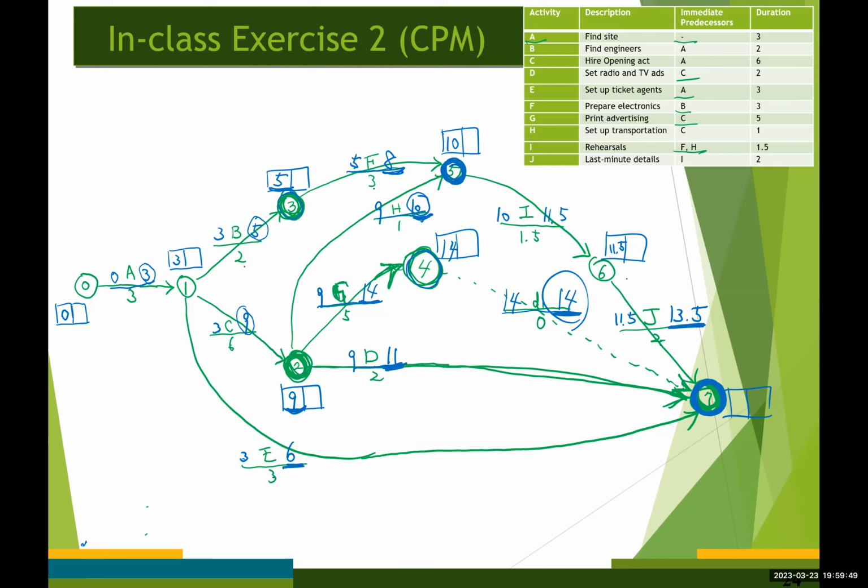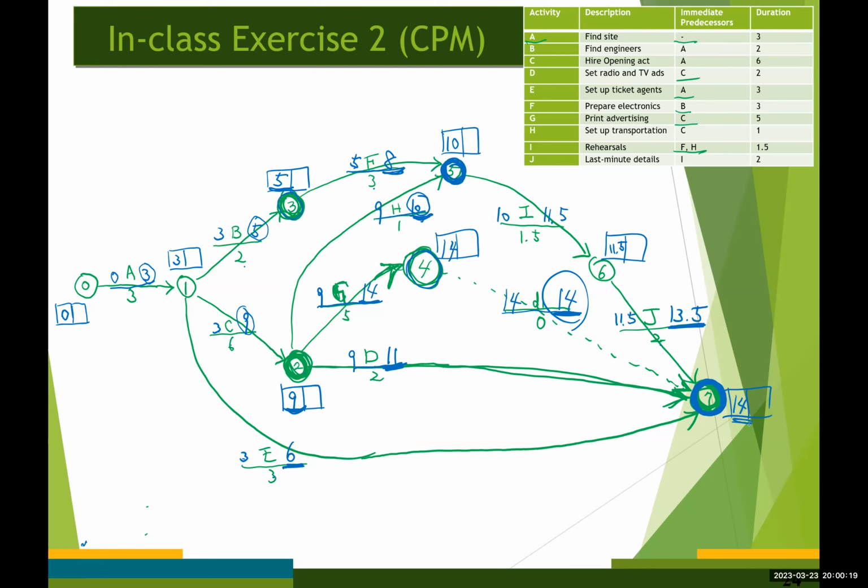So it's gotta be 14. So we determined the earliest time for every event. Since we know this project can be completed in 14 hours or 14 days, whatever the unit.